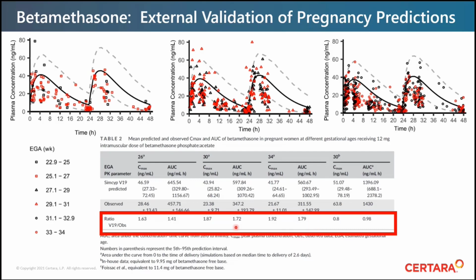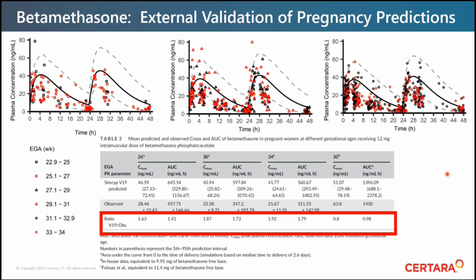gestational ages here. You will note that the data from the study at IU, which are presented in the first 3 sections here, 26, 30, and 34 weeks, was slightly over predicted, whereas the data from the Foisy study was under predicted. We looked at that a little bit more in detail, and there was definitely a difference between the 2 studies in the concentrations predicted, even after accounting for the differences in formulation.